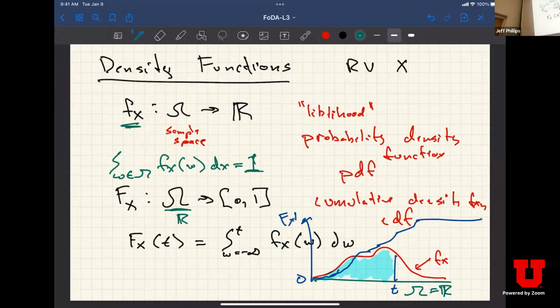It's like a probability, and it integrates to 1, but I can't evaluate it at a single point.